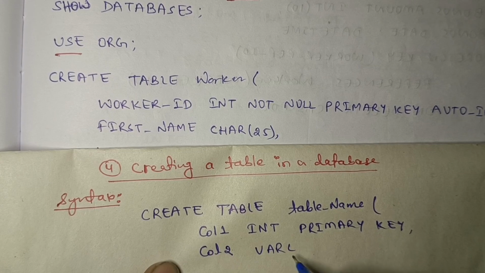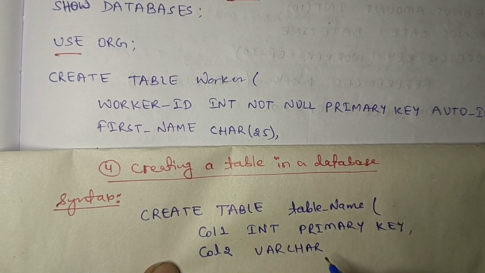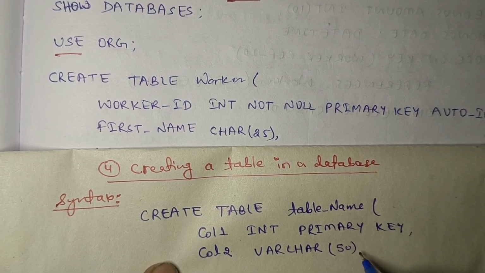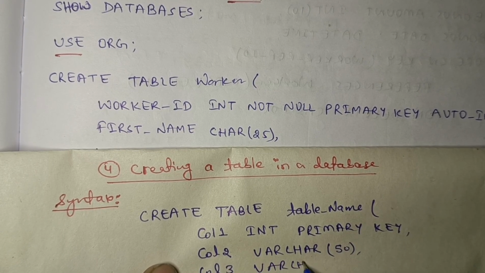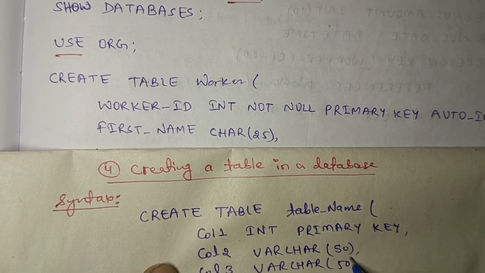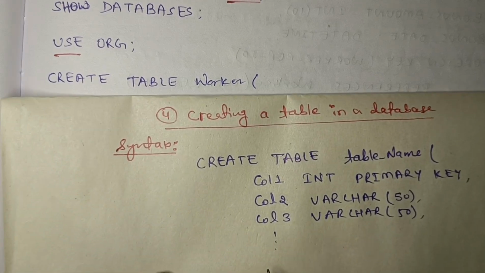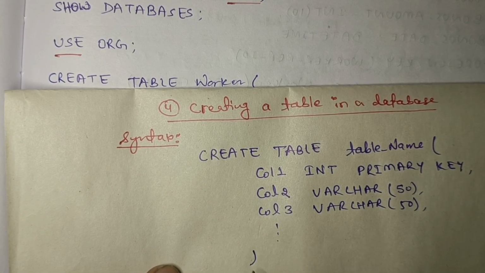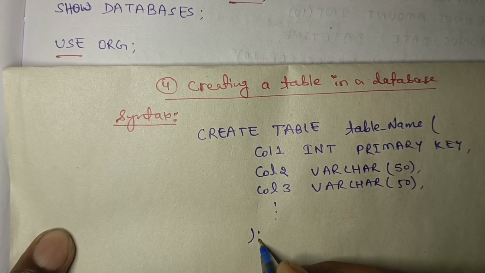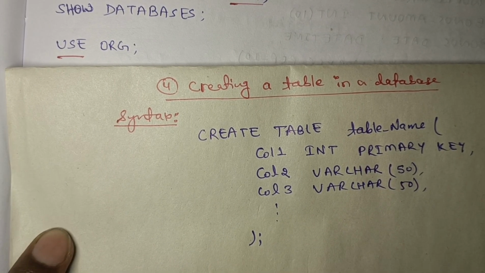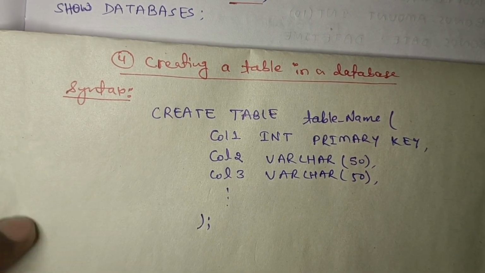Let's suppose our column 2 has the data type varchar and its size is 50. And column 3, its data type varchar or anything of your choice according to the data. By closing the parentheses, our create table is complete, and after closing the parentheses, a semicolon is also required. So this is our syntax for creating a table in a database.